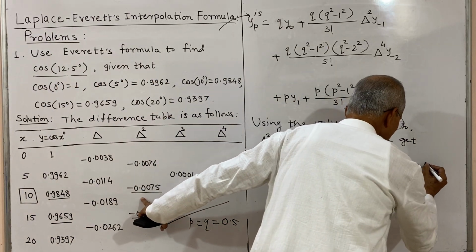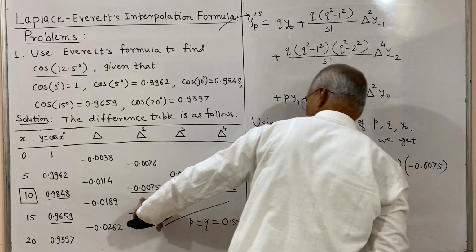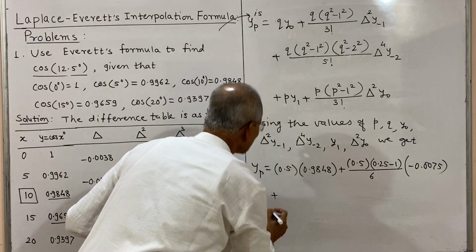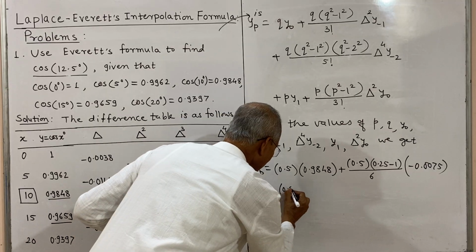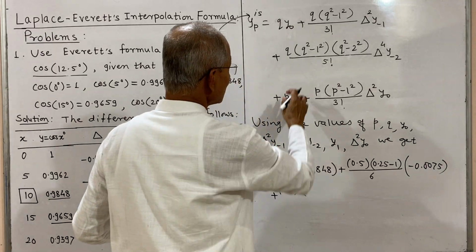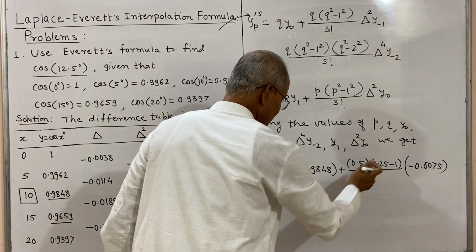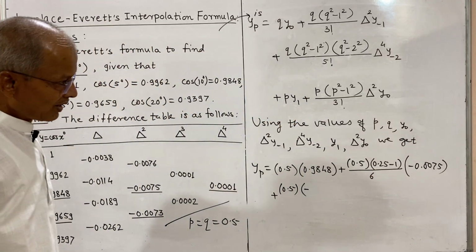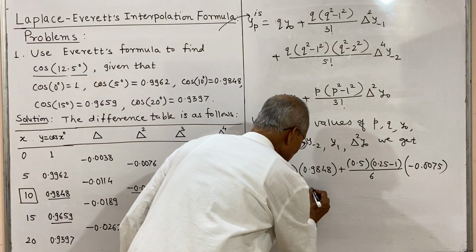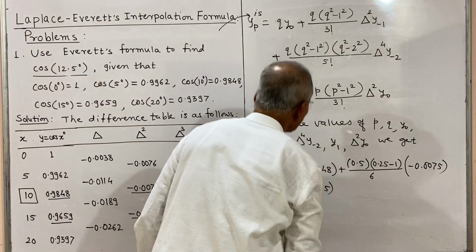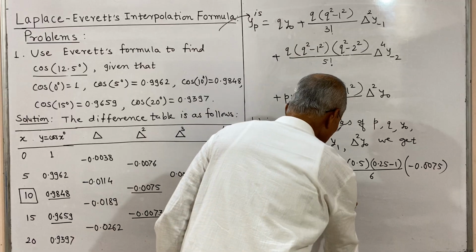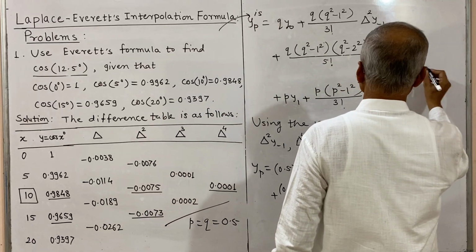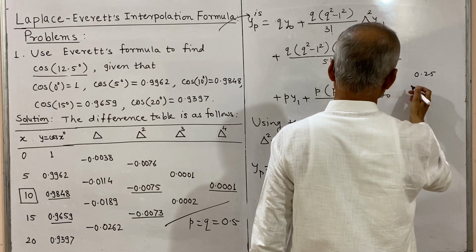minus 0.0075. Thus this term we have written, plus q again 0.5 into the bracket q square minus 1, that is this value, and we know 0.25 minus 1 is minus 0.75, and this will be 0.25 minus 1 minus 4.